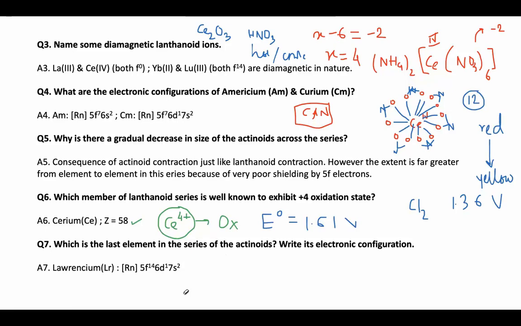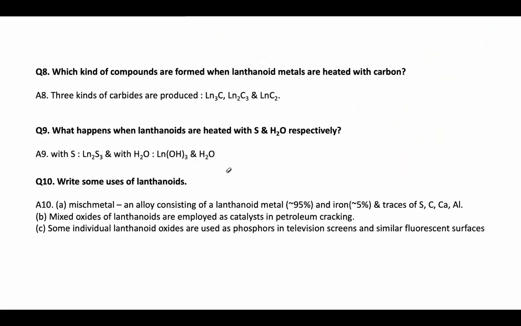Its electronic configuration, as I have already told, in the case of actinides is 5f, 6d, 7s. So in this case it will be radon followed by 5f14. All the electrons are fulfilled; the f subshell is filled in actinides. 5f14, 6d1, 7s2. So we shall move towards the next question.